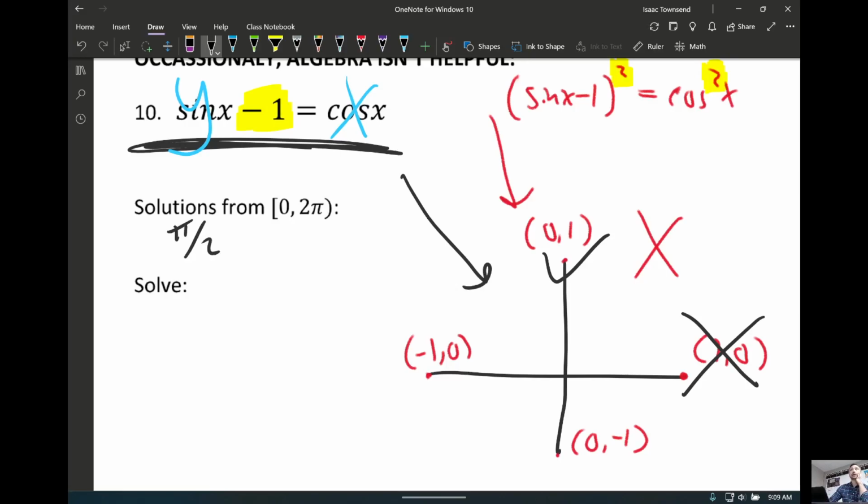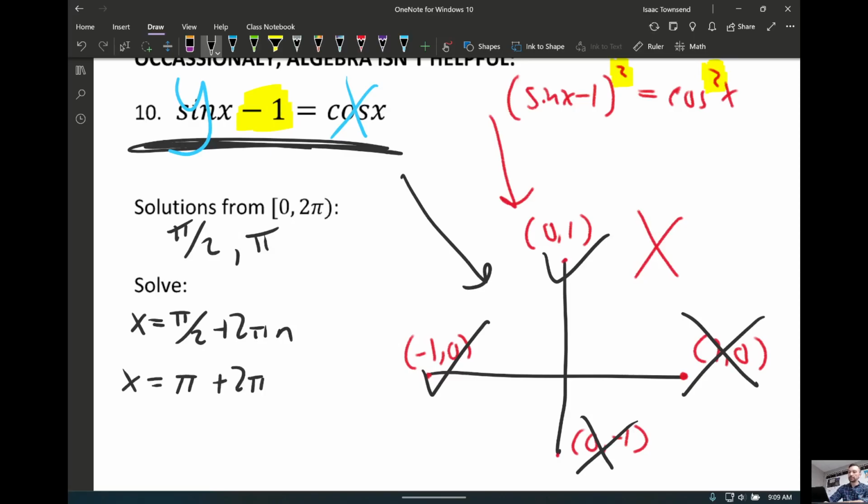Subtract 1 from y, it does equal x. Subtract 1 from y would not make it equal x. Those are the two times where if you took 1 away from sine, you get cosine. And if you need the answers in this format, then just put the plus 2 pi in instead.